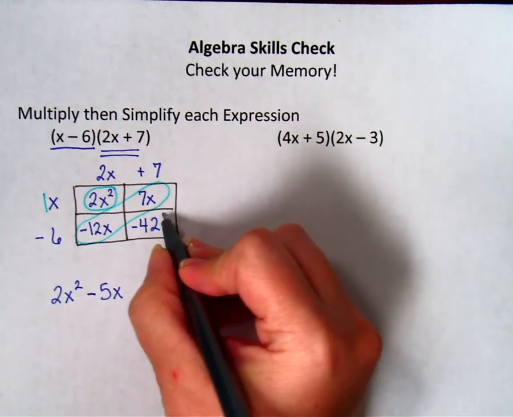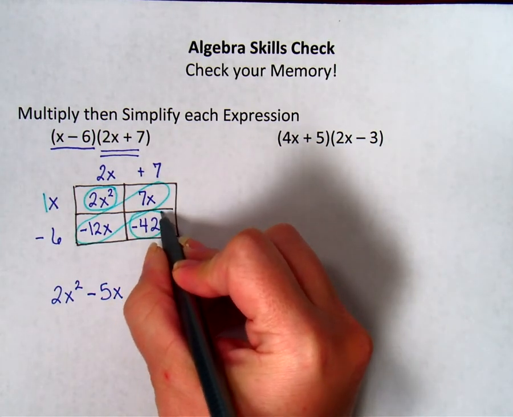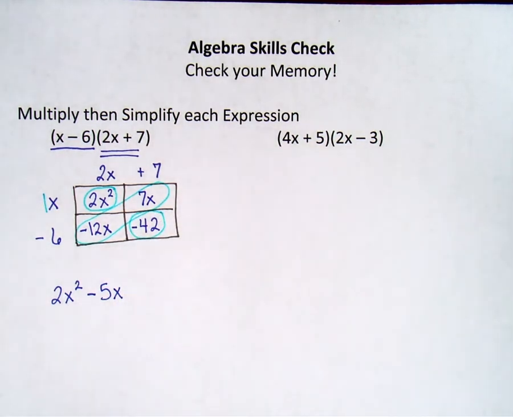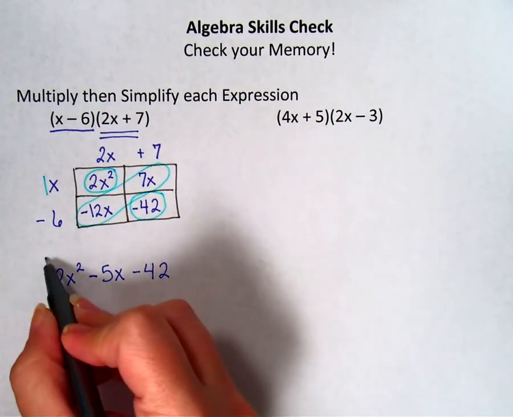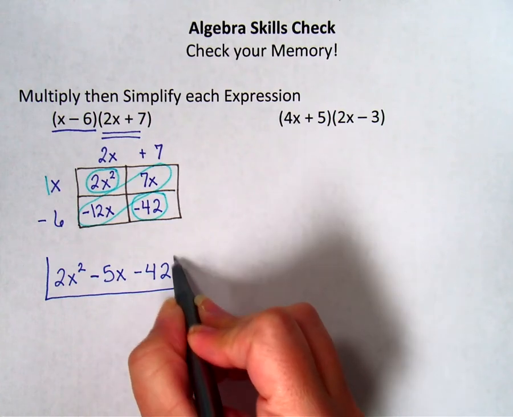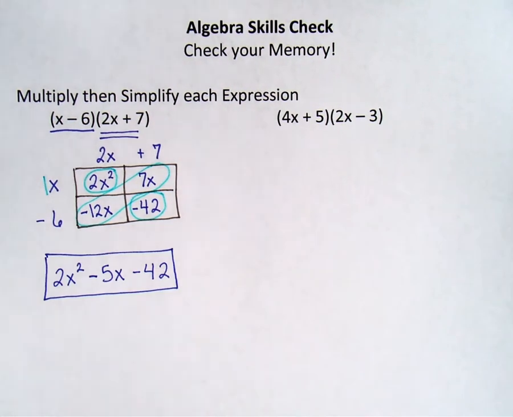And then I just have this constant number, constant just means there's no variable with it, of negative 42. So here is my simplified expression. Okay, let's look at another one.